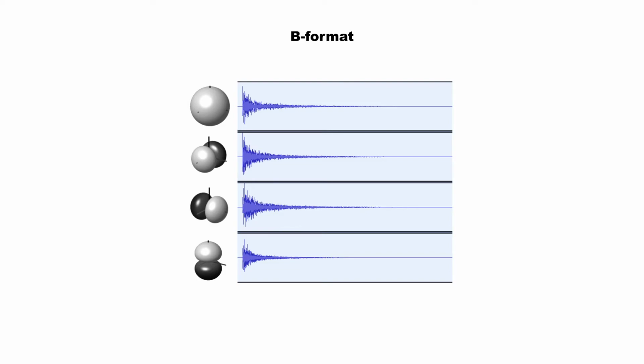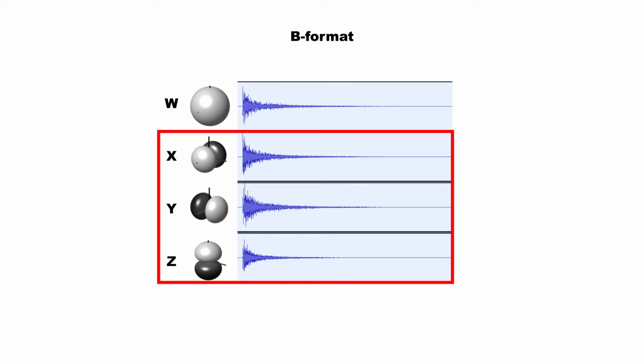For first order ambisonics, the B format has 4 channels, named W, X, Y, and Z. The omnidirectional information is stored in channel W, while the information in the X, Y, and Z directions is stored in the X, Y, and Z channels. This already gives us a 3D description of the sound field, although somewhat blurred.